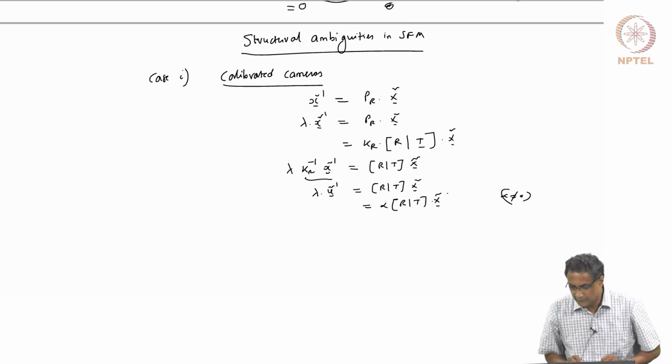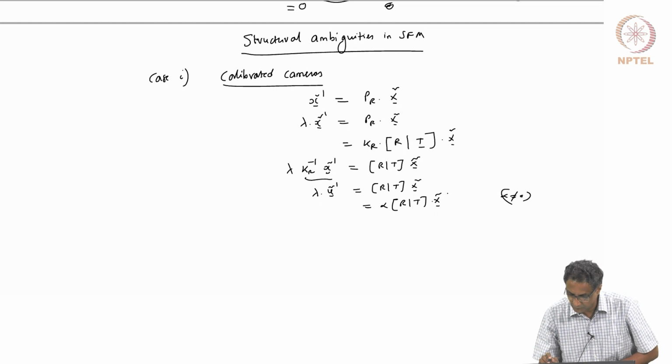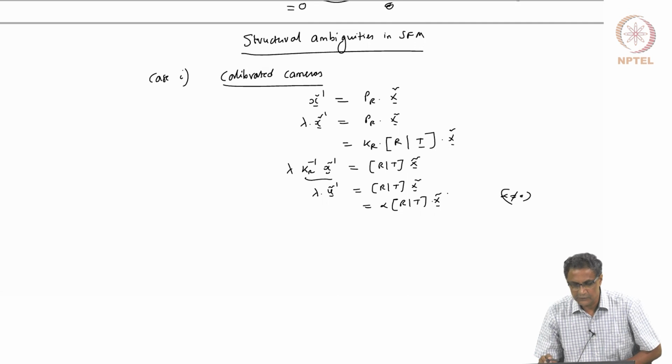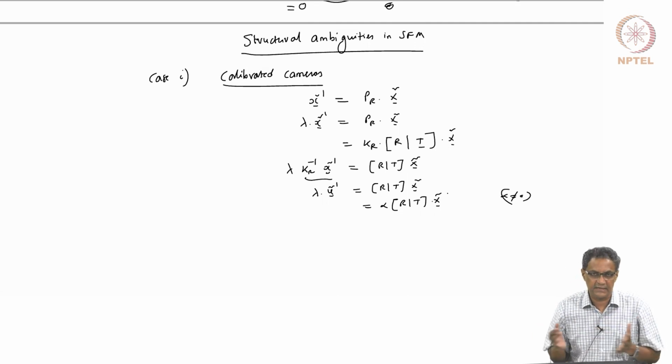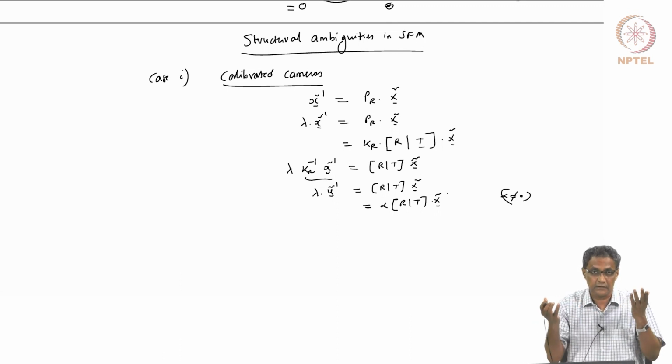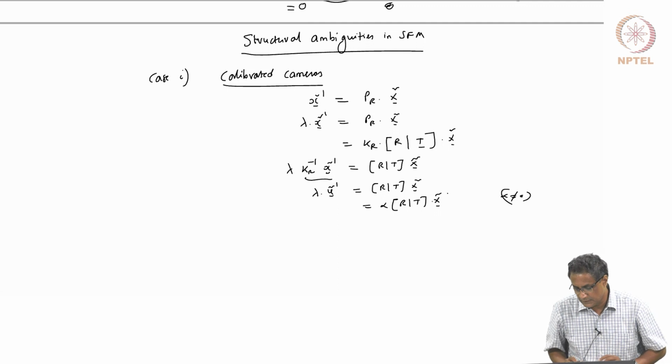Now if you see, this is all going back to saying that based upon image data, what can I infer? After all, what do you have with you? Just images taken of a scene, that is all you have, and in addition, in this case, you are assuming that the camera intrinsics are known to you.